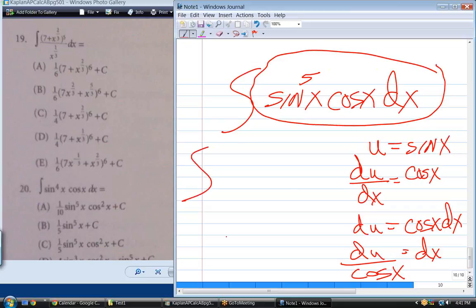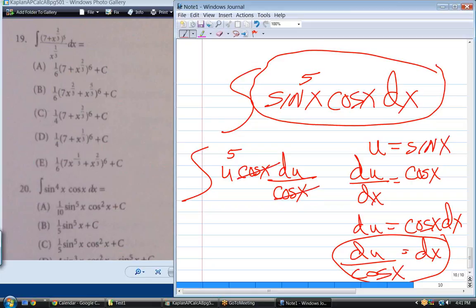Well, I can do it because that becomes u to the fifth. I still got my cosine x, but notice now when I substitute for dx, I got du over cosine x. And you always end up with the derivative of your u variable in the denominator. And so now I can get rid of the cosine x's, and now I have a very easy integral to integrate.